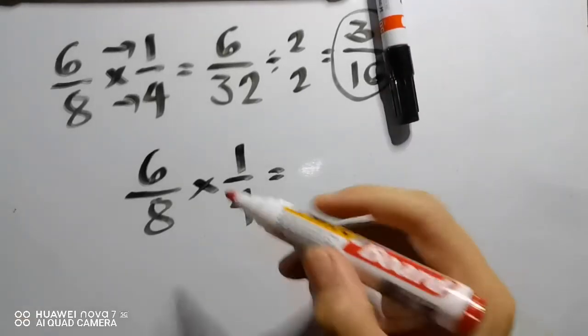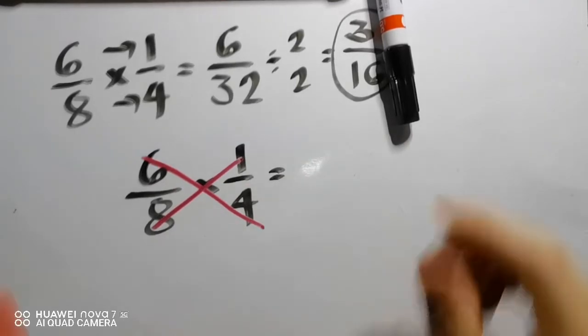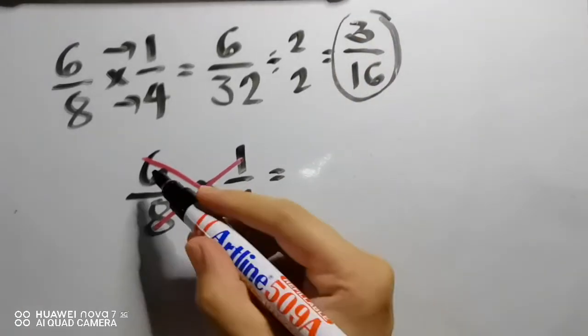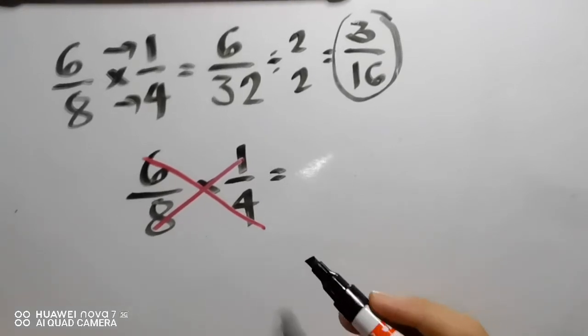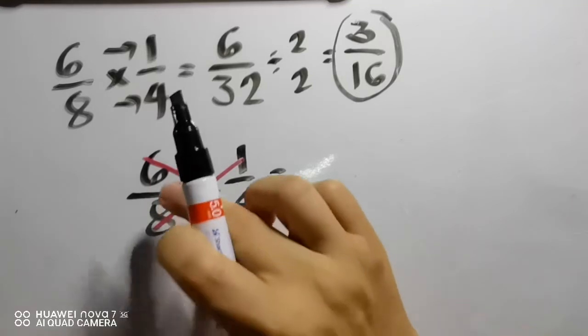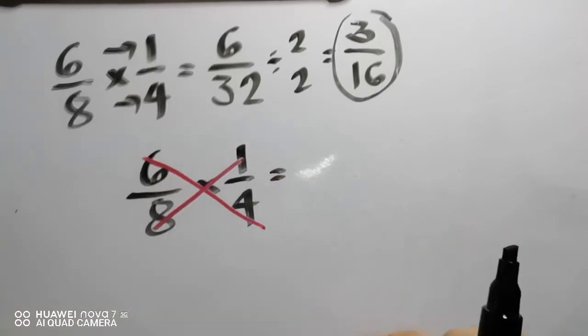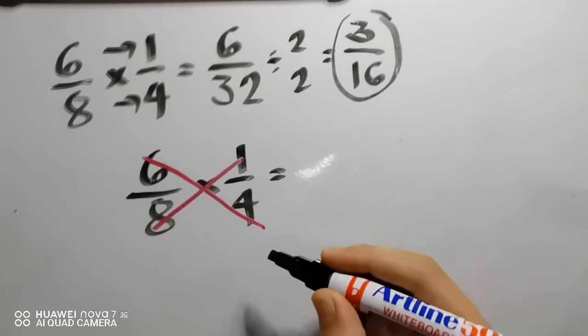Tignan natin silang dalawa. Kaya natin, sa dalawang ito, sa 6 and sa 4. Ano yung number na pwede nating ipang-divide sa kanilang dalawa? 4 and then 6. Diba? We can see na they are both even numbers. So, ang sabi natin sa divisibility rules na kapag ang mga number ay 2, 4, 6, 8, or 0, they are divisible by 2.